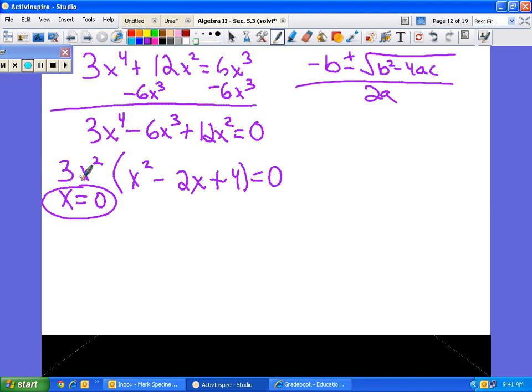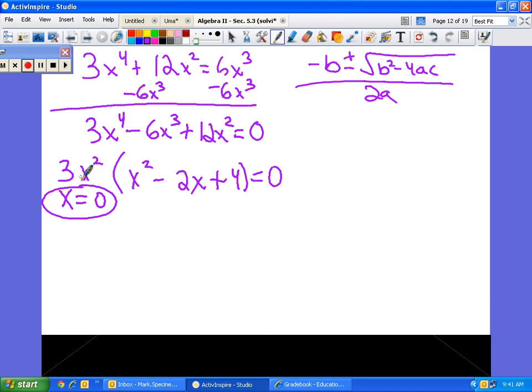So, we learned this back in chapter 4. When we can't factor this simply, what's our factoring process of last resort? Use the quadratic formula. Thank you, Jillian. Yes, we have to use the quadratic formula.